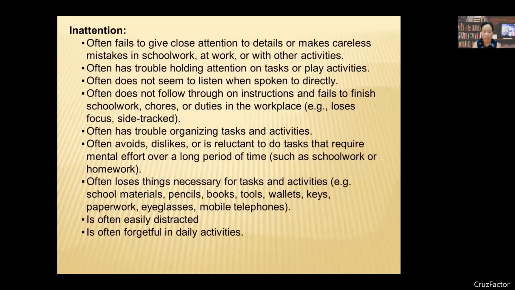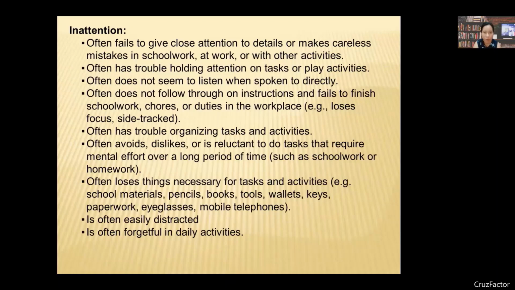So let us start with inattention. People with ADHD often fail to give close attention to details, or they make careless mistakes on tasks or activities. They do not seem to listen when you speak to them directly. Most of the time, they do not follow instructions and they fail to finish their activities.